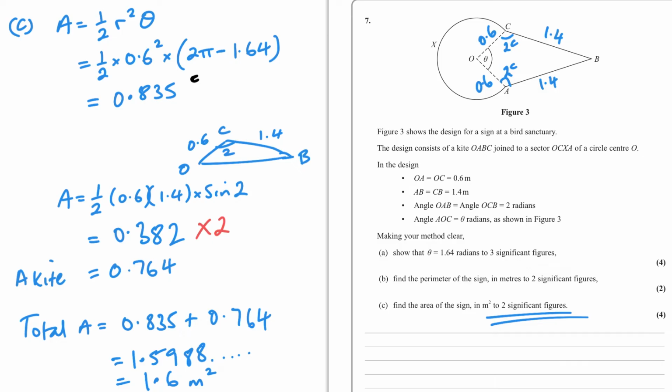In this case, the final answer was two significant figures, so if you've done them to three significant figures or better, you should be okay. But just for you to be aware, use the storage functions within your calculator.